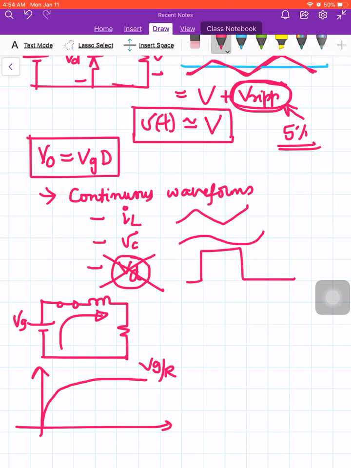But the time constant, let me draw it better. Yeah, so the time constant is somewhere of this nature, right?